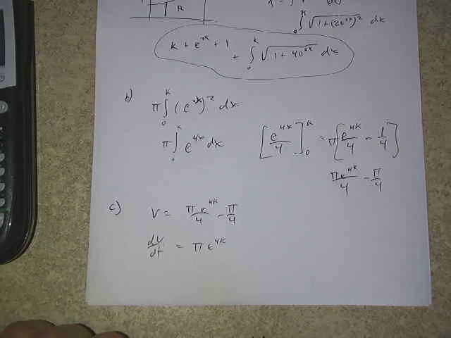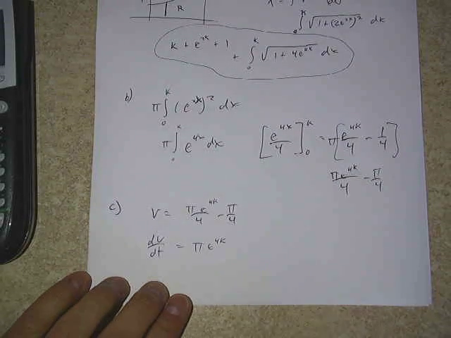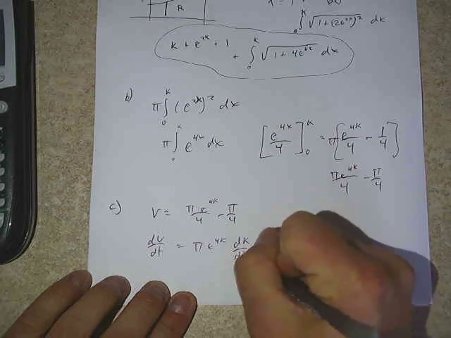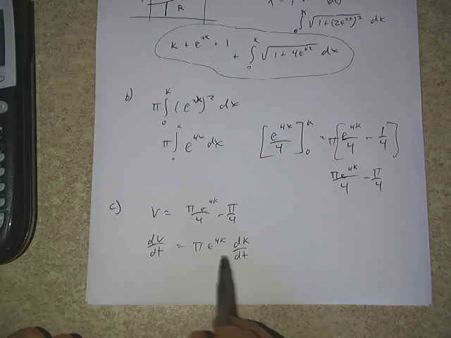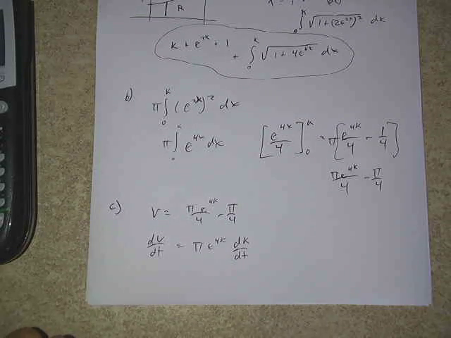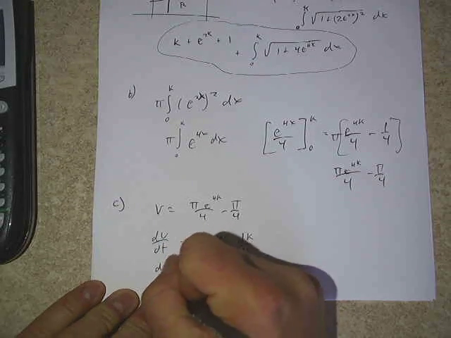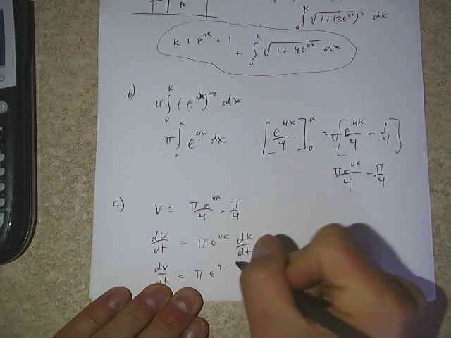So dv dt on the left here. And if I differentiate this one, it's going to be pi e to the 4k. When we differentiate e to the 4k, it's going to be 4 e to the 4k, which the 4 and the 4 would cancel out. Differentiate negative pi over 4, we get 0. And remember, I also have to have dk dt here. We're differentiating with the k variable with respect to time. So dk dt, that part.